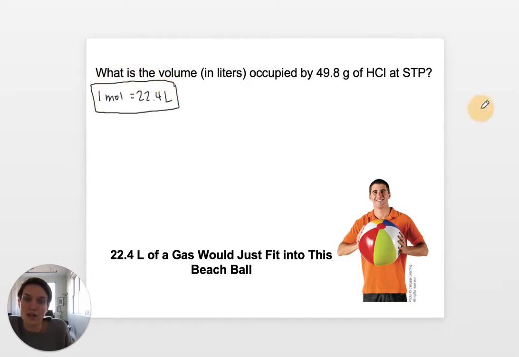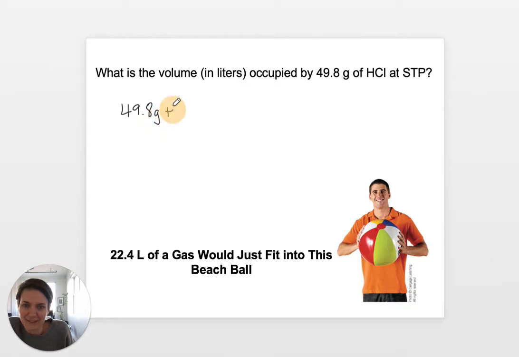Okay, so let's go ahead and solve this problem. The first thing you should notice is that we have 49.8 grams, and anytime we have grams, at this point in the class, we're going to get out of grams and get into moles. So 49.8 grams of HCl. We need to find the molar mass of HCl.